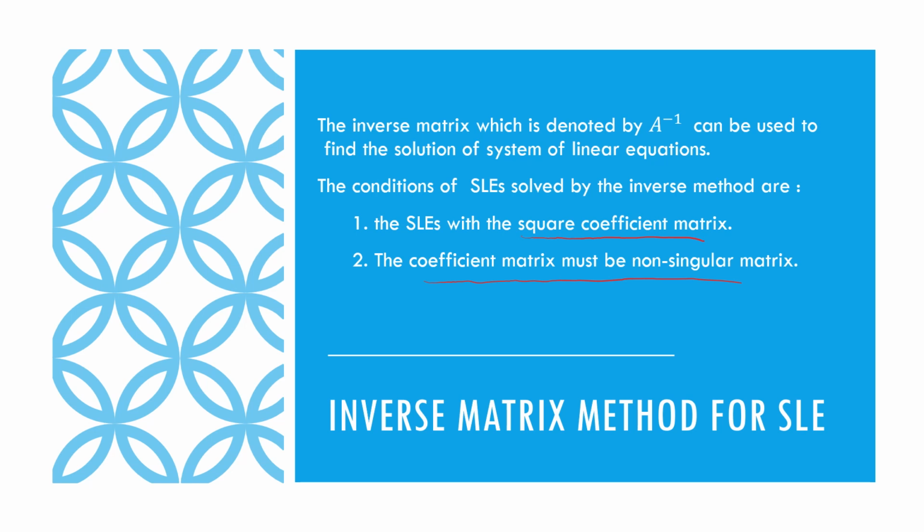First, the coefficient matrix of the system should be a square matrix. The second one, the coefficient matrix should be a non-singular matrix. And what is a non-singular matrix? It is a matrix whose determinant of A is not equal to 0.